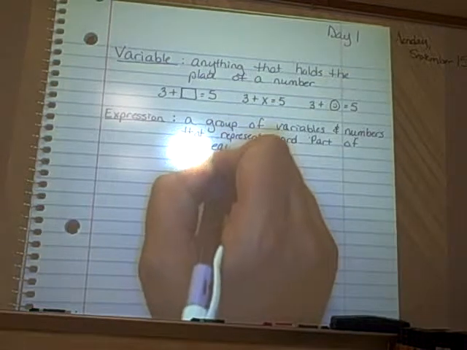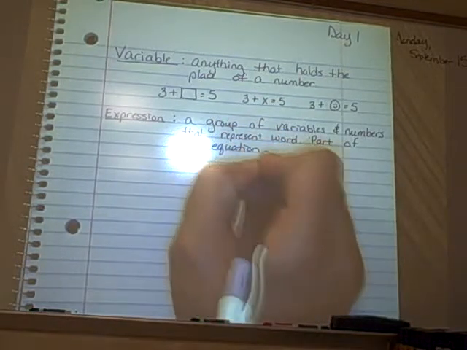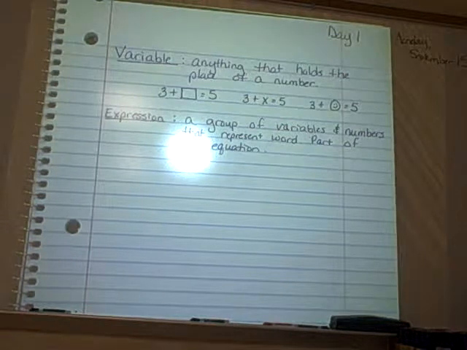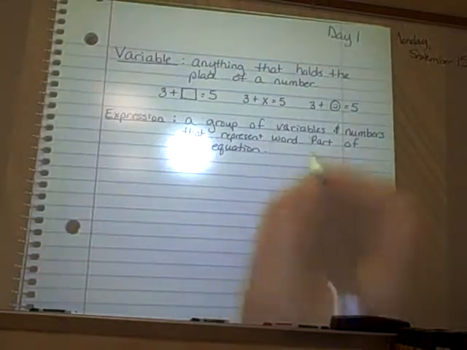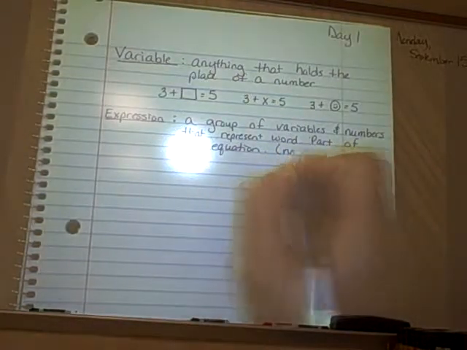In math, an equation is like the sentence. And the expression is part of the sentence, not the whole thing. It's part of an equation, which means there's no equal sign.